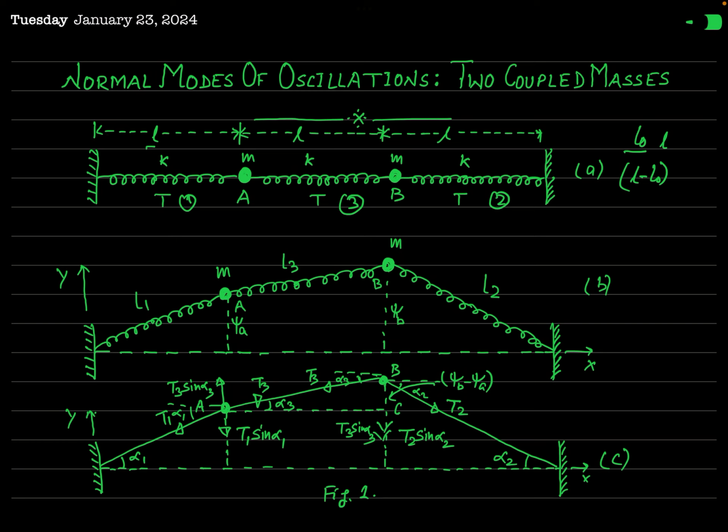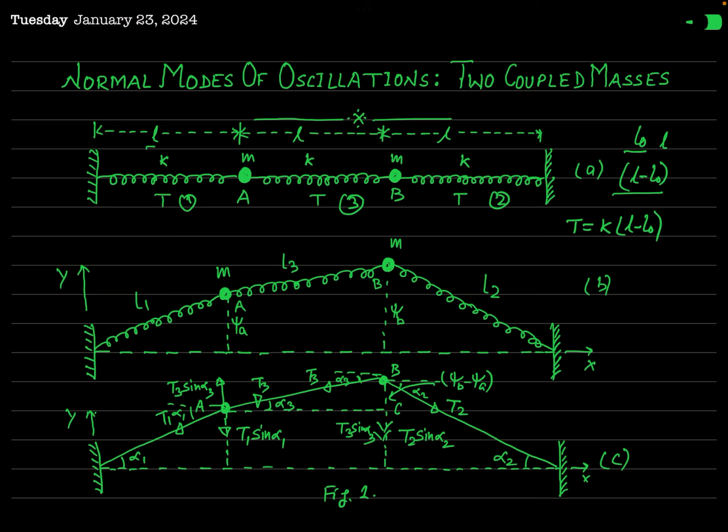And if the elongation of the spring in the equilibrium state is L minus L0, can you say what will be the tension developed in each spring in this condition? You can definitely say that the tension T, which will be developed in each spring in this equilibrium state, will be equal to the spring constant K times the elongation of the spring, which is L minus L0.